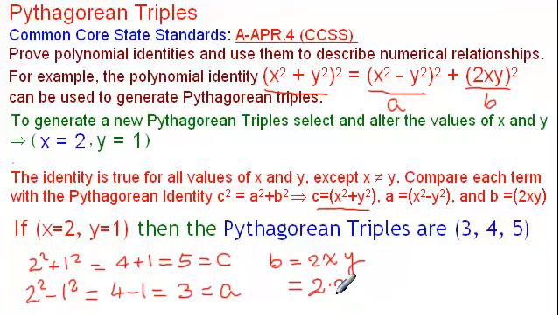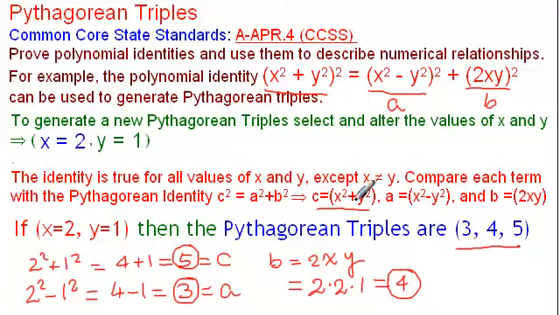The value of x is 2, so 2 times 2 times 1, which gives me 4. So we found the set of three numbers, which is 4, 5 and 3. So using this polynomial identity, I was able to get another triple, which is 3, 4, 5.